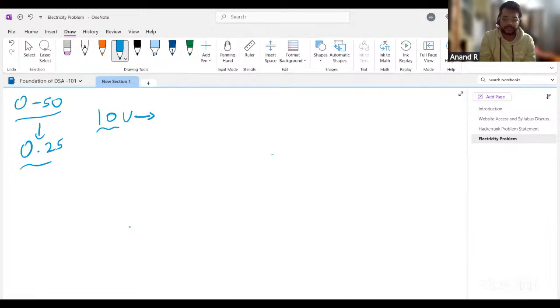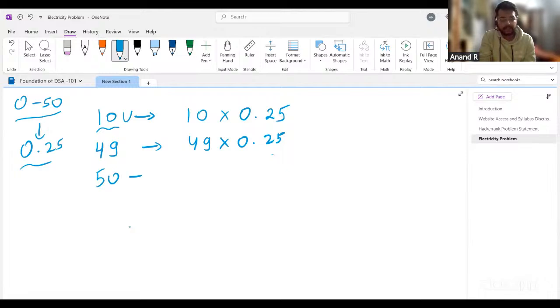Can I say that simply 10 into 0.25? And if it's, let's say, 49, then 49 into 0.25, right? If it's 50, can I say that 50 into 0.25?